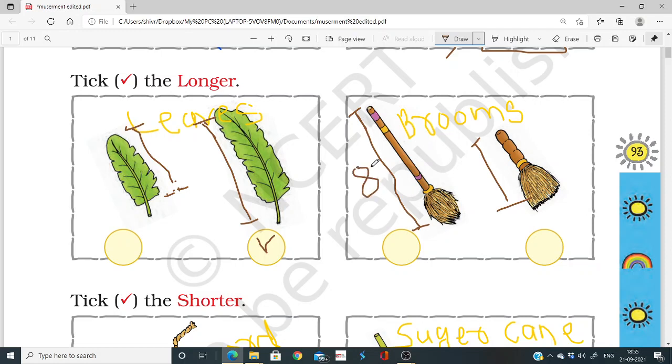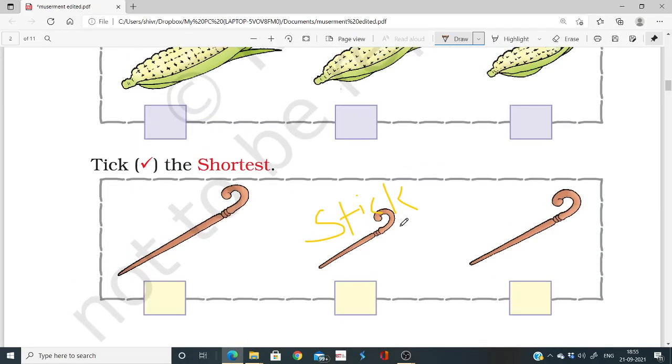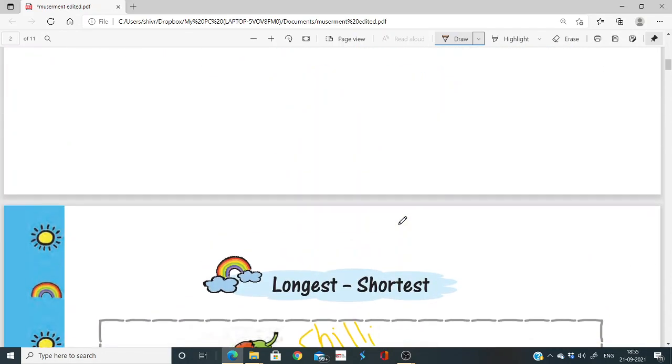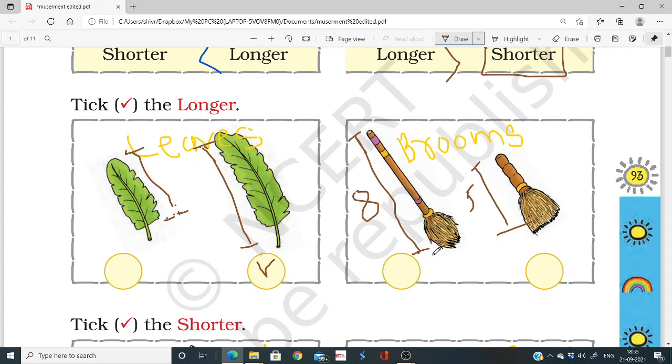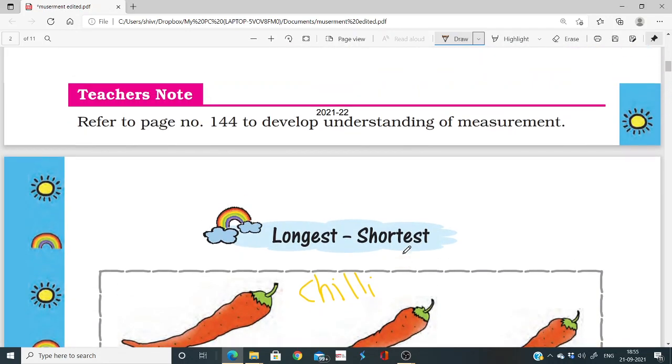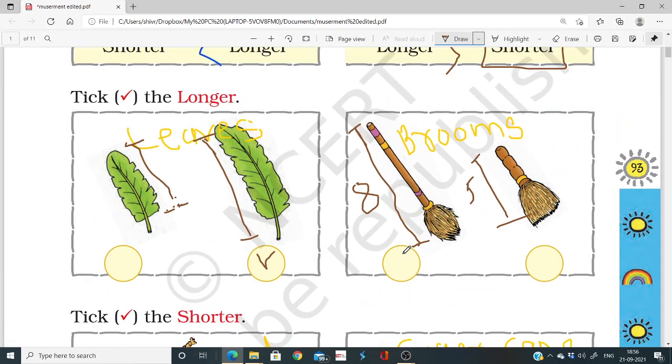Suppose this has 8 centimeter length and the second one is 5 centimeter. Which is more? 8 centimeter. Therefore you have to tick mark the first one.